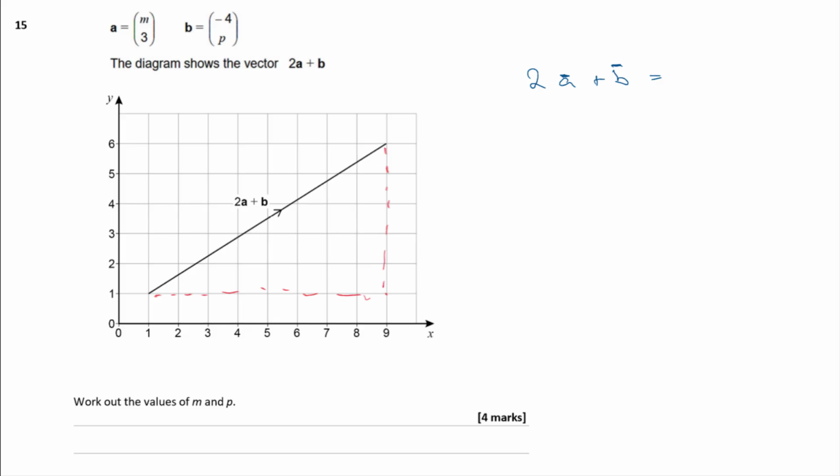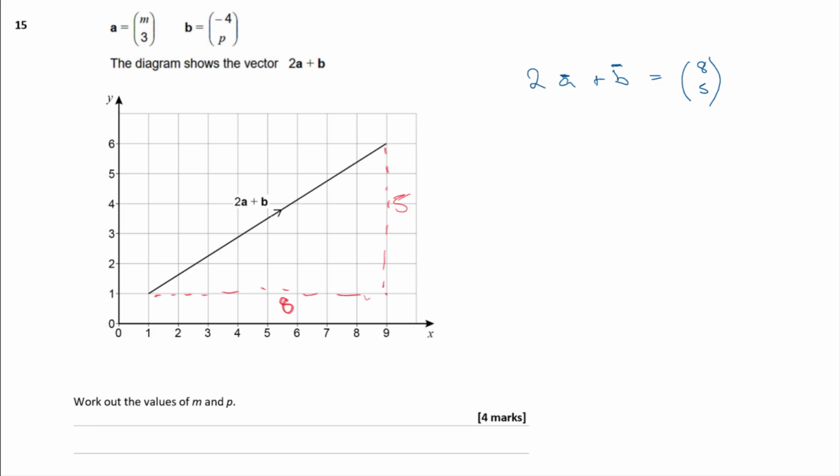So the distance in the direction of x is 9 subtract 1, that's 8 squares. And the distance up is 1 to 6, which is 5 squares. So writing that as a column vector would be 8 on the top and 5 on the bottom. Okay, so that's what 2a plus b is.